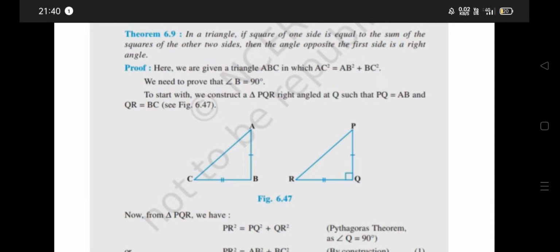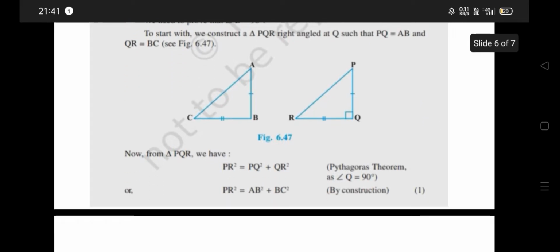Now we are going to construct a similar triangle PQR, considering Q is right angle such that PQ is equal to AB and QR is equal to BC as given in the figure, guys.